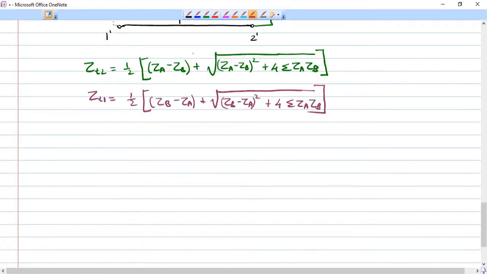Similarly, we have derived the expression for the image impedance ZI1.